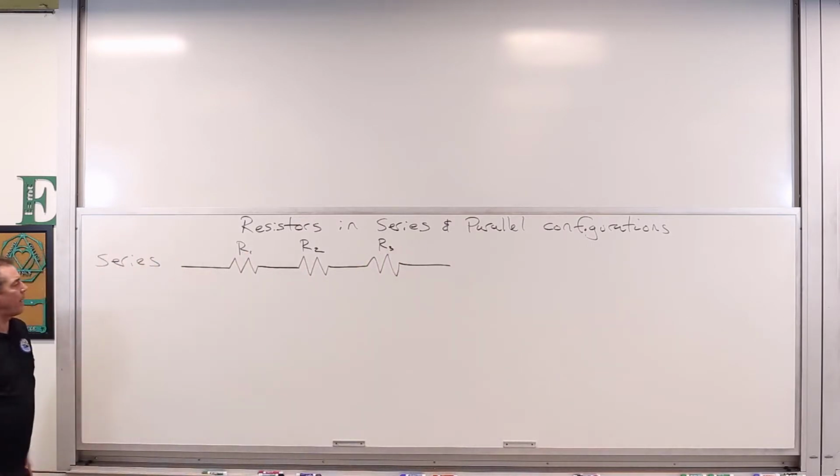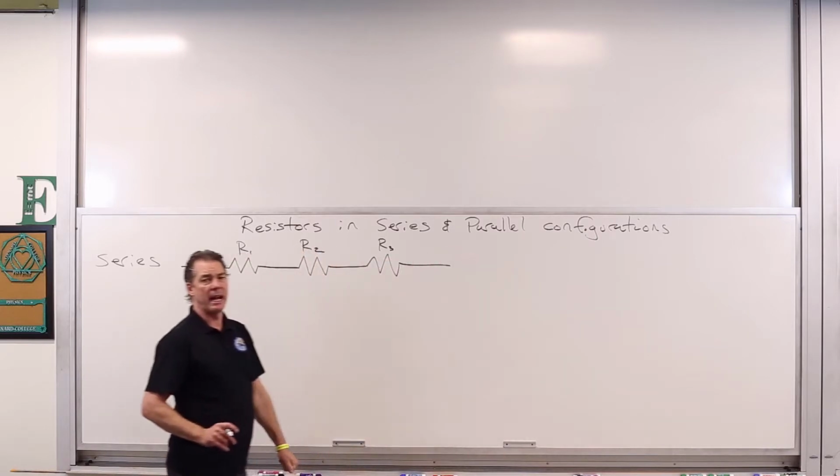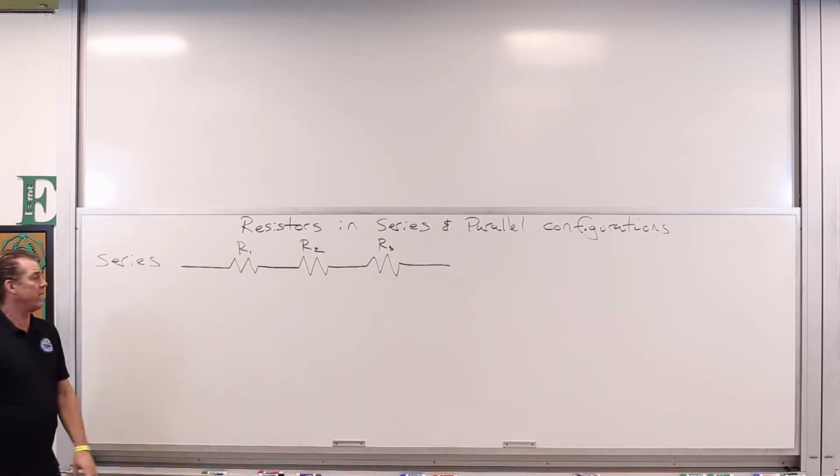What are some things about series? Well, because there's only one pathway, the current has to be the same through each resistor.